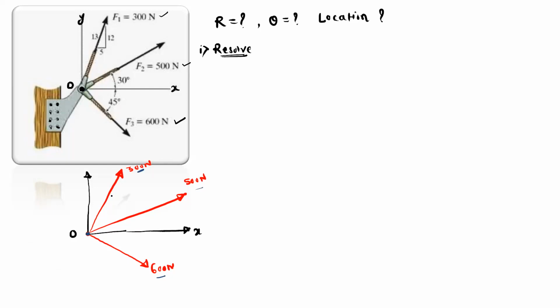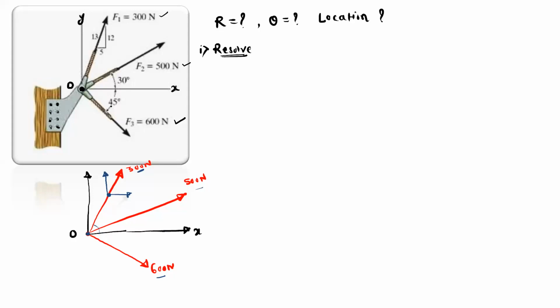So just resolve the force at another point. Select one point, draw a horizontal line parallel to the x-axis, and a vertical line parallel to the y-axis. So this total angle with respect to the x-axis is equal to this angle.